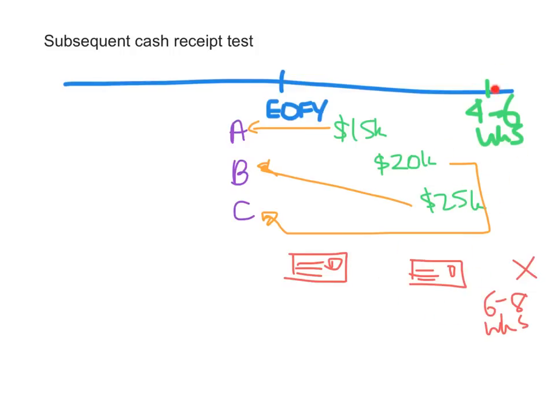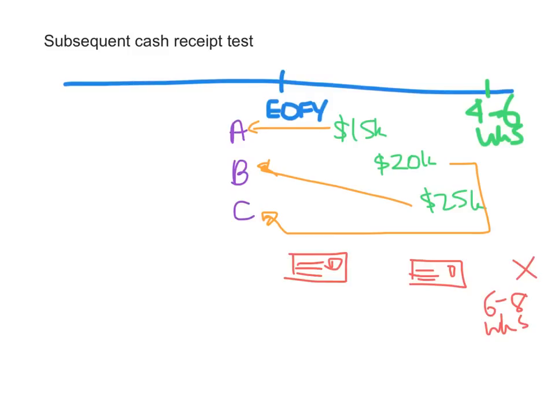Yes, I have to wait until a little bit after the end of the financial year, but I've already got a bank statement with lots of transactions on it. Don't need to go and write to anybody. I can simply look at these figures and do a quick check back to make sure that that's a real customer. All right, so the payment means that that's a real person. If it was a fraudulent accounts receivable, we'd have no money over here.